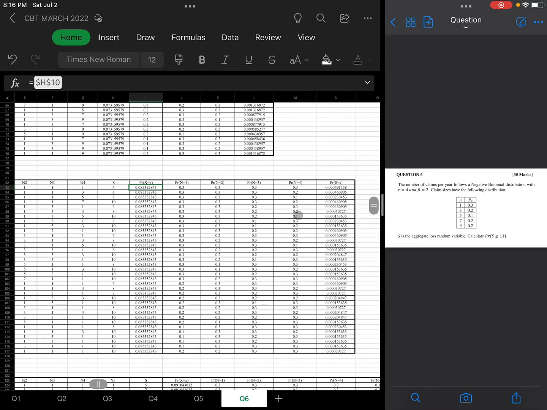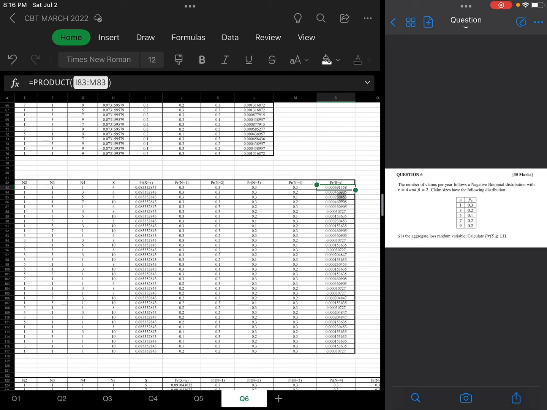After computing this the same way we compute probability of S equals s, we can use the Excel feature of product because there are many numbers to multiply. So we can do product from I83 to M83, which basically is probability of X equals x multiplied with probability of n equals 1, multiplied with probability of n equals 2, multiplied by probability of n equals 3 and n equals 4.